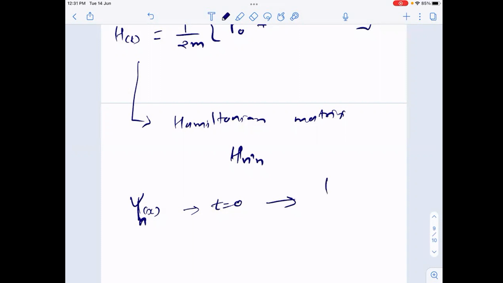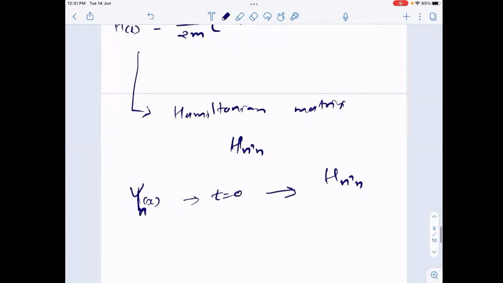And then it's the Hamiltonian, which we are trying to write in Hamiltonian matrix form, right? So see, if psi n x is chosen as a complete set of orthonormal functions, then the Schrodinger picture, which is coinciding with the Heisenberg picture, will diagonalize the Hamiltonian matrix.